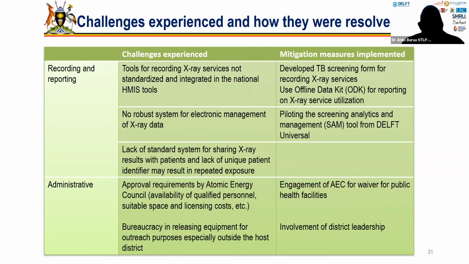And also, we do not have qualified radiographers at some of the sites, so we do not meet those requirements. It's something we need to undertake by engaging the Atomic Energy Council to see how they can do waivers for the public health facilities. The next slide, please.